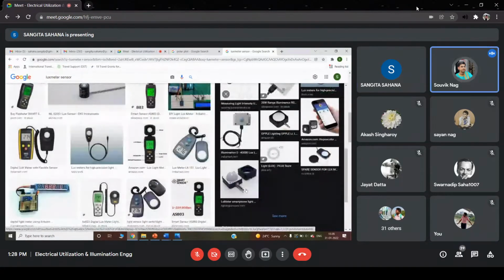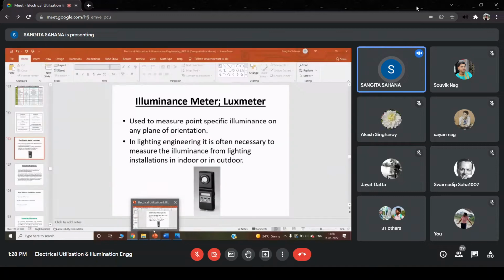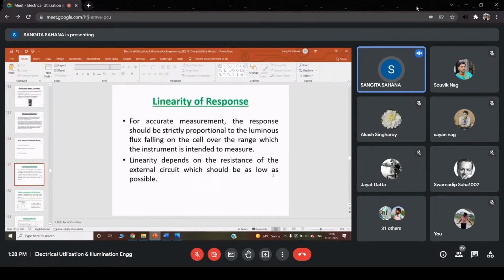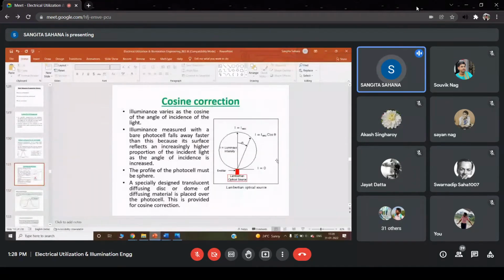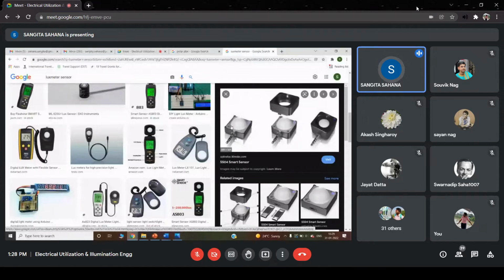Yes ma'am, it is clear. This profile is made like this just so that it follows Lambert's cosine law. We know that if any material follows this law, the profile will be like a sphere.